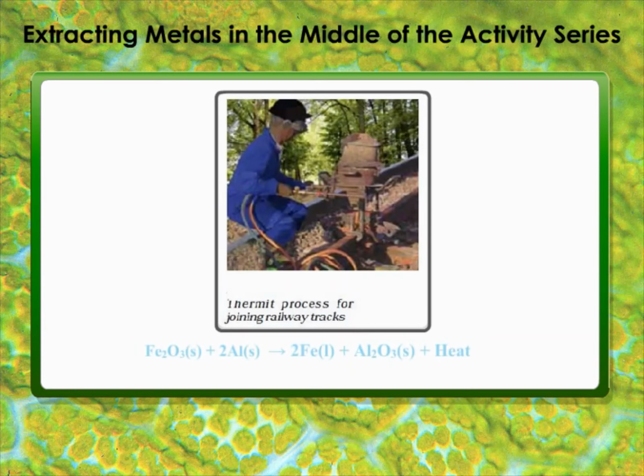These displacement reactions are highly exothermic. The amount of heat evolved is so large that the metals are produced in molten state. In fact, the reaction of iron 3 oxide, Fe2O3, with aluminum is used to join railway tracks or cracked machine parts. This reaction is known as thermit reaction.